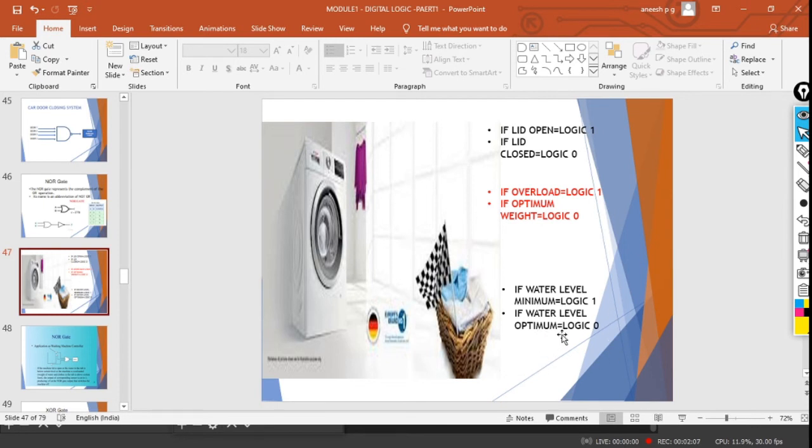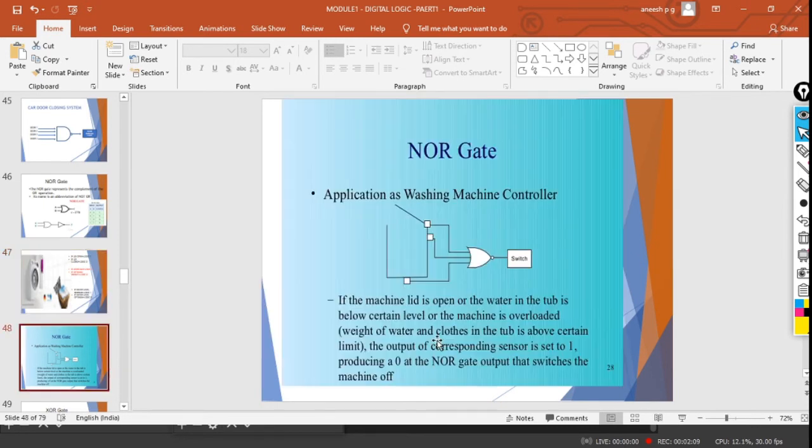These outputs go to a NOR gate. You can see here the outputs of the 3 sensors go to a NOR gate which is connected to the main switch circuit. During normal operation, all sensors produce normal output. That is, inputs to NOR gate are 0 and the output of NOR gate is 1.